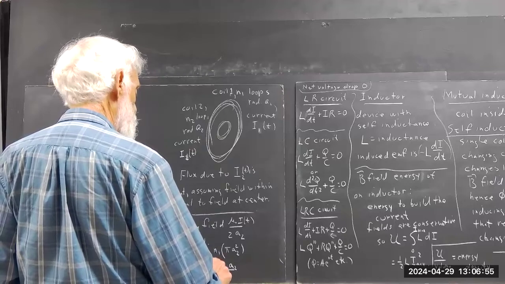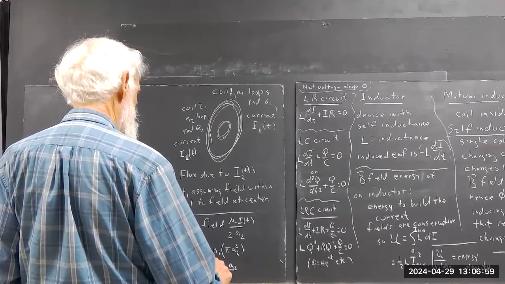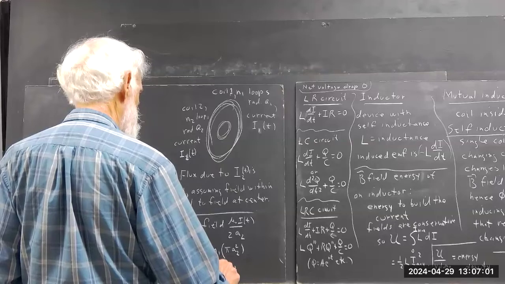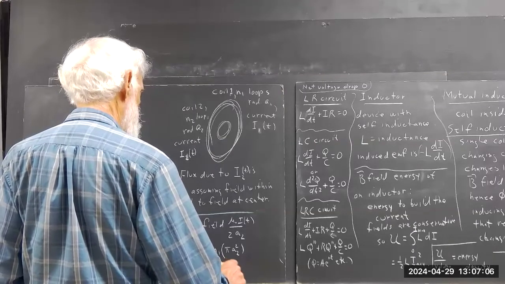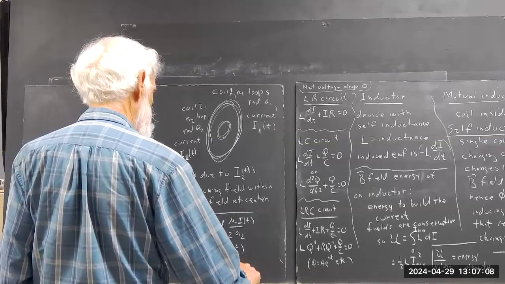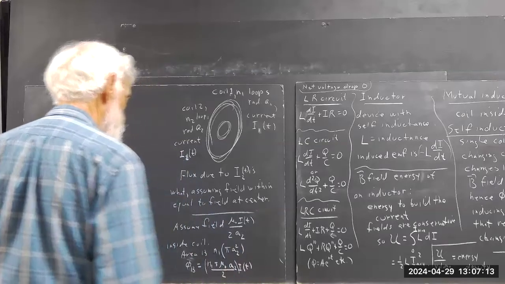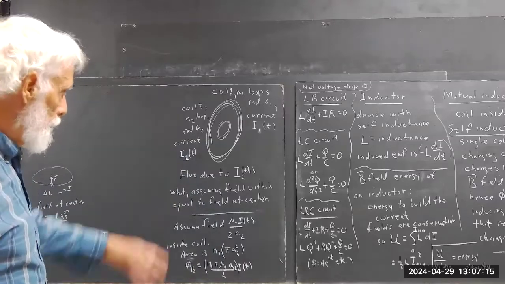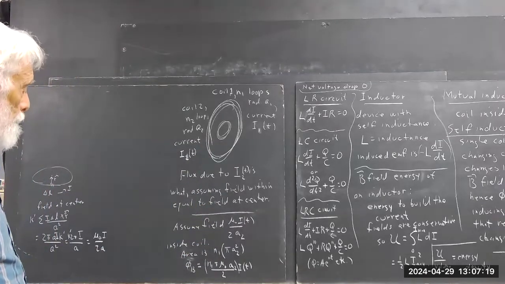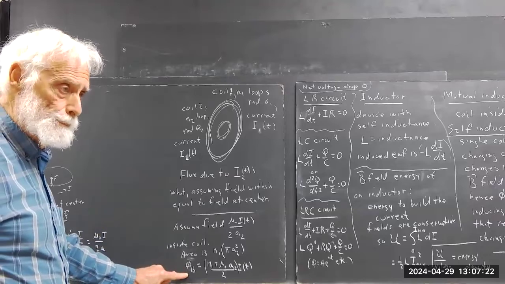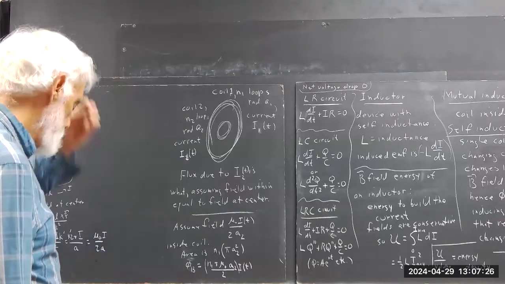And you've got an M1 pi mu naught I of T. I'll put the I of T out there last. Now, if I did that right, and I'm not going to double check, that's how you get it. That's the magnetic flux.